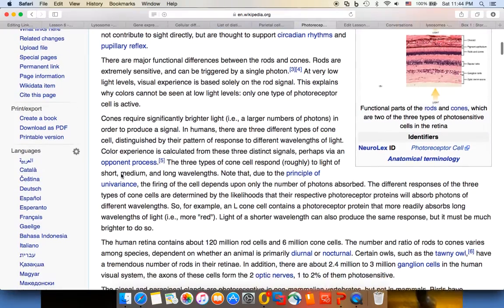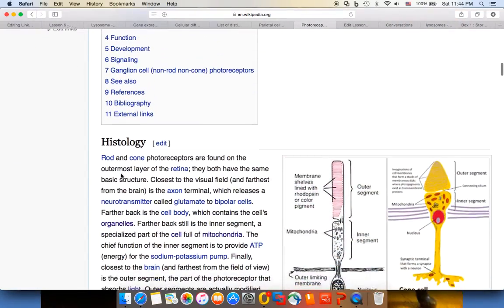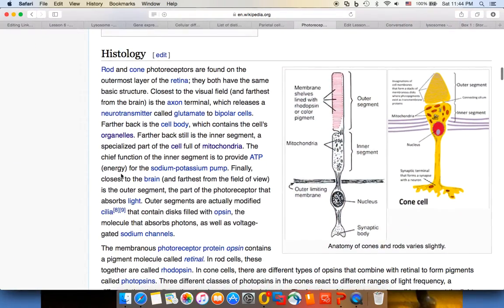Here I found there are two types of photoreceptor cells in the eyes. One are called cones. Okay, these are the cones, and see the shape of this cell. So this is the cone part that is in the retina.